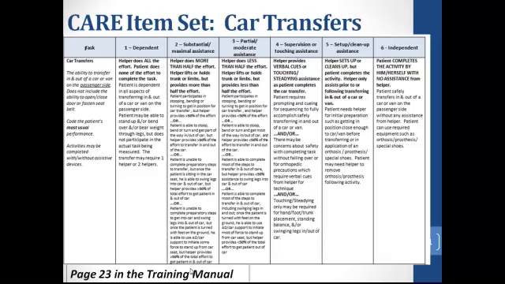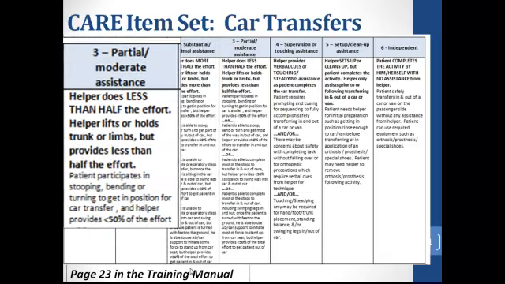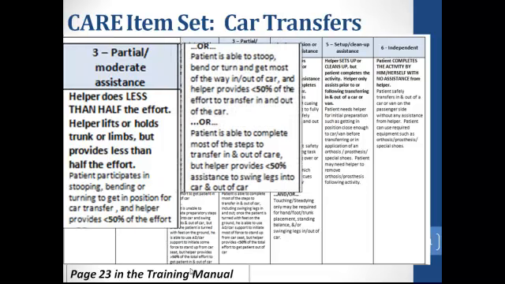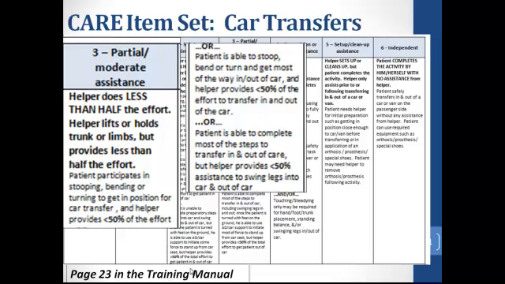For this item, a rating of a 3 would be given if the patient participates in stooping, bending, or turning to get in position for the car transfer, and the helper provides less than 50% of the effort. Or perhaps the patient is able to stoop, bend, or turn and get most of the way in, but the helper still has to provide less than 50% of the effort to transfer in and out of the car.